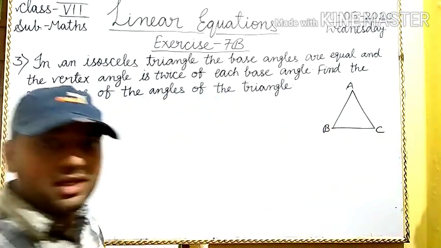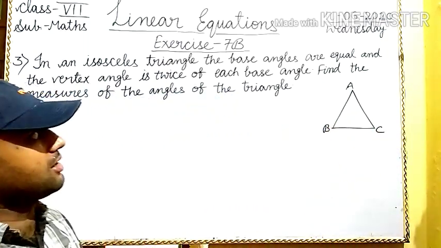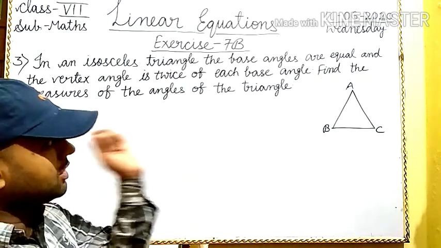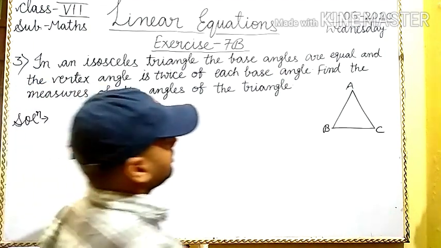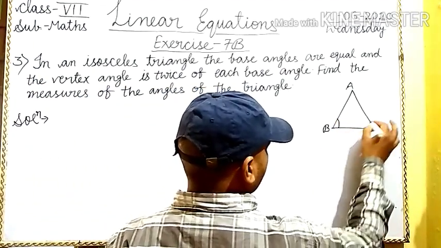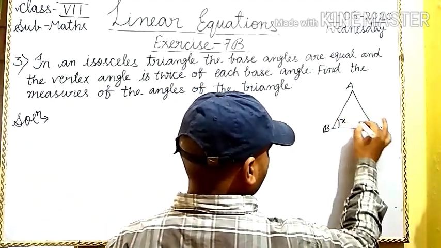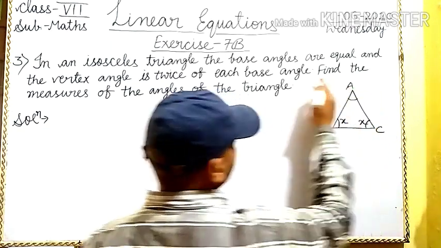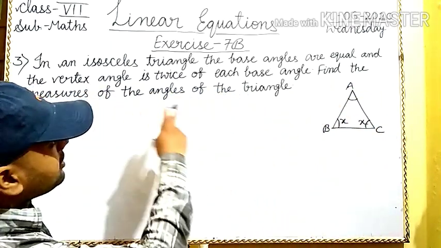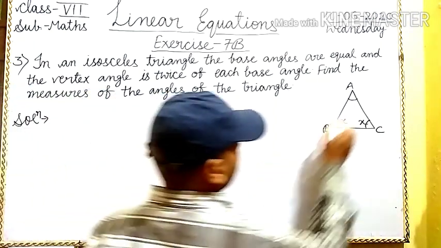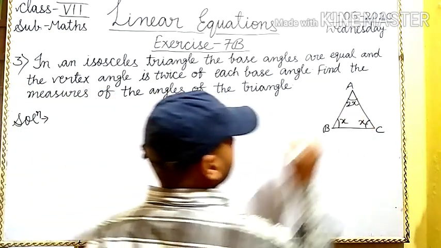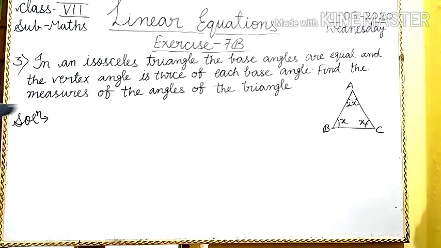Here B and C are base angles. Both these are equal, means x each. According to the question, the vertex angle, here the vertex angle is A, is twice each base angle, means 2x. Find the angles of the triangle.